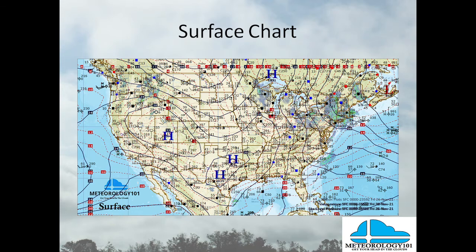So if we look at a surface chart, we can see the isobars, and then the wind directions. We know winds circulate clockwise around the high, counterclockwise around the low.